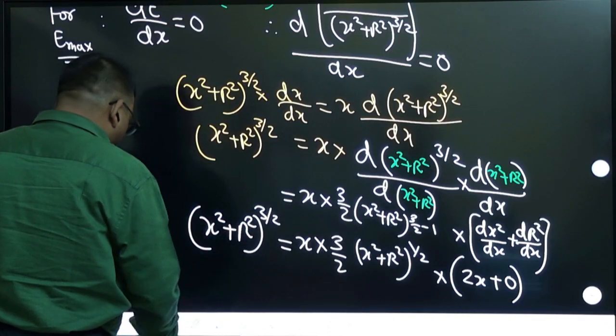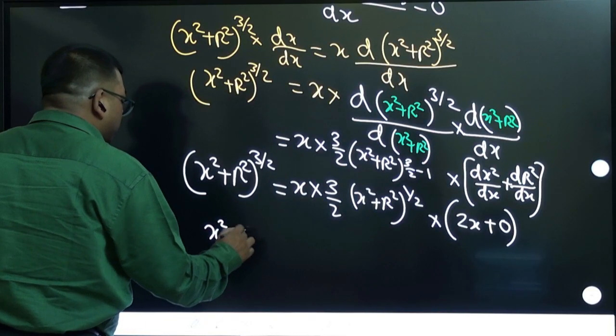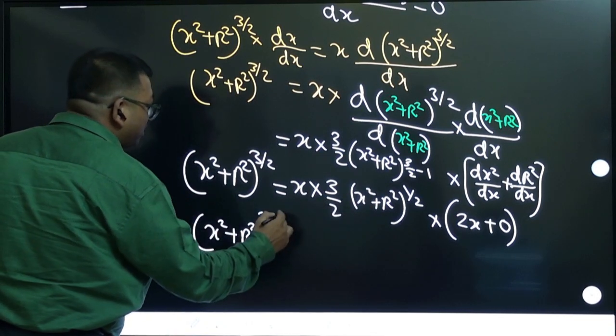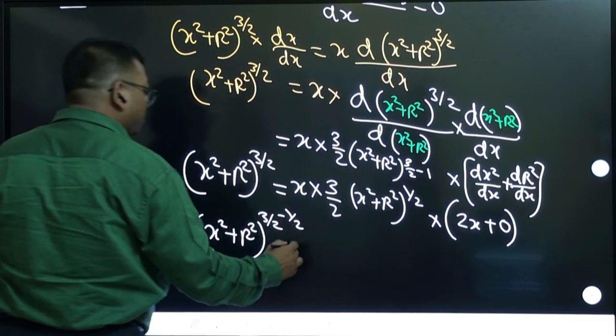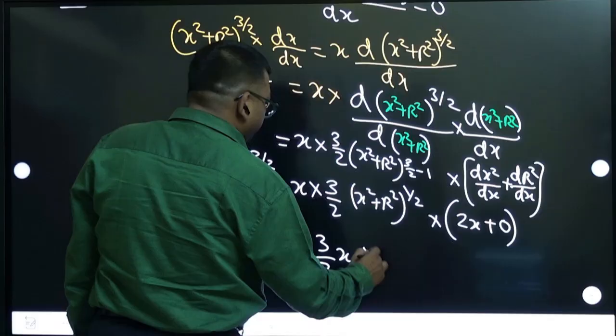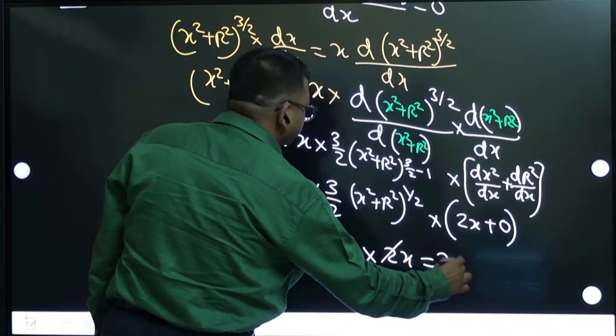So bring x square plus r square terms one side. So this is 3 by 2, and that half will come, and divided means minus half will come, and this becomes 3 by 2 x, and here becomes 2x. Now you see 2 got cancelled, so you got this as 3x square.